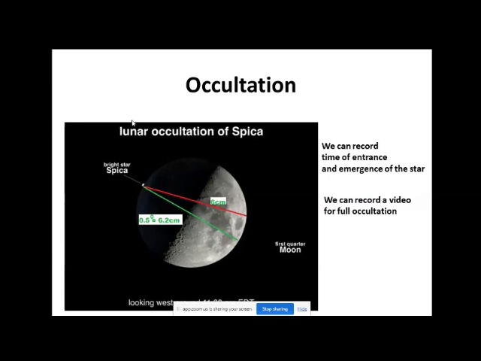I just take the value with a ruler. This is 6 centimeter in the image, and the actual diameter is 6.2 centimeter. So we can find out the angular value for the 6 centimeter, and we can perform the same experiment.